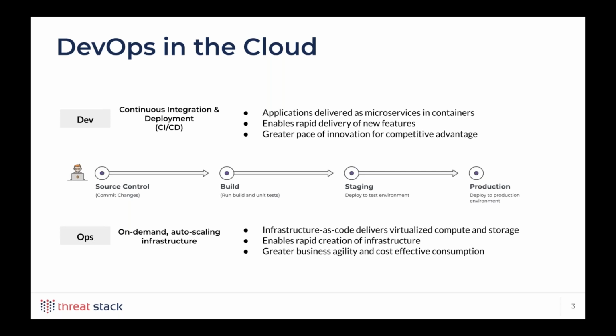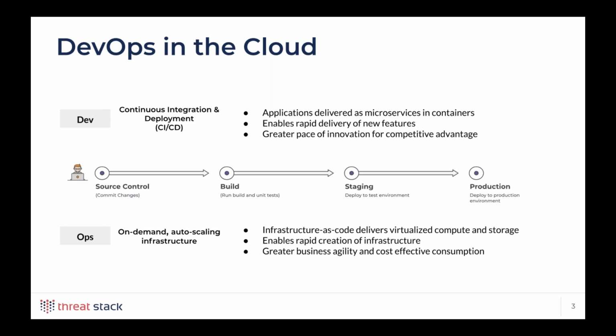But if there's one takeaway from this slide that I want to leave you with, it's that CI/CD components run on top of infrastructure. And this is largely on-demand, auto-scaling infrastructure. It's infrastructure as code.